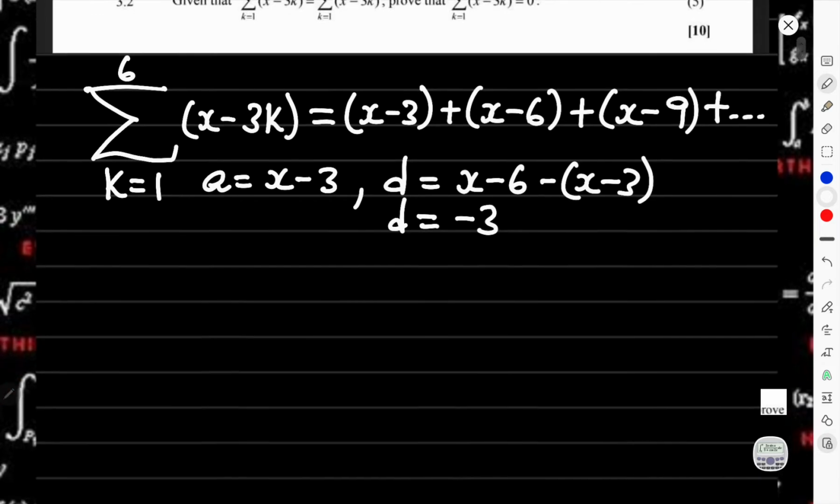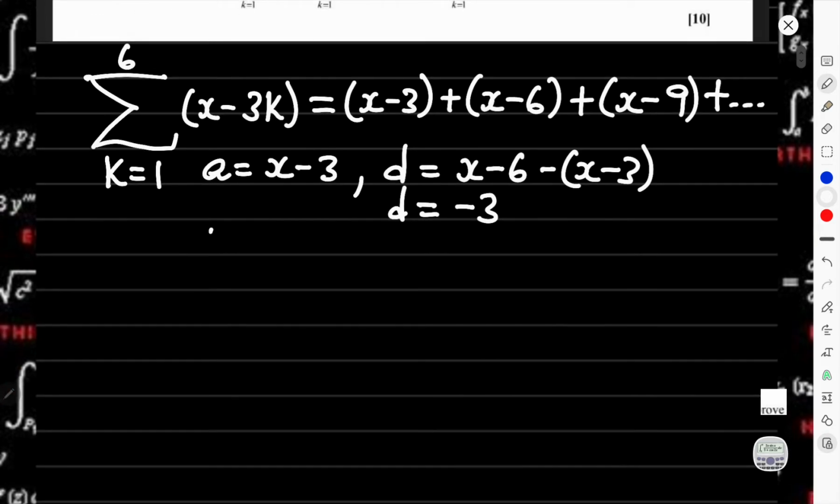So what about n? For n, we say top minus bottom plus 1. Top will be 6 minus bottom 1 plus 1, therefore n equals 6.